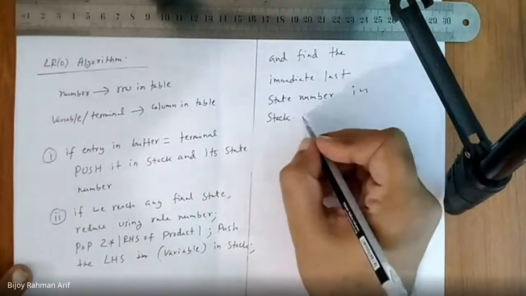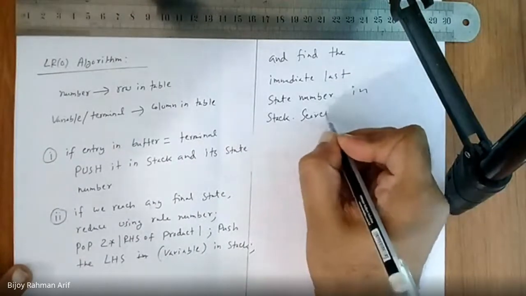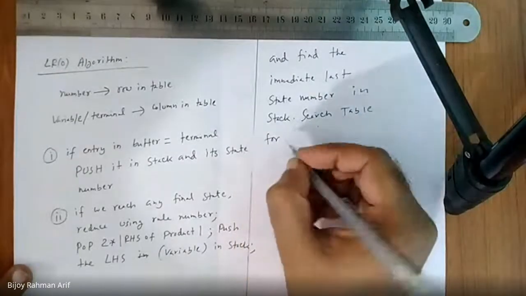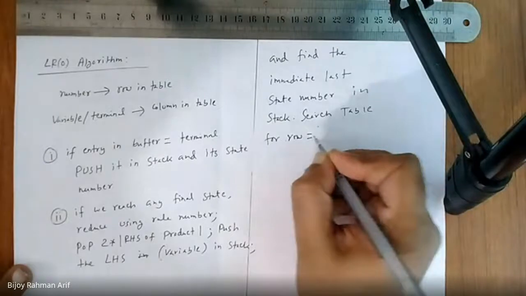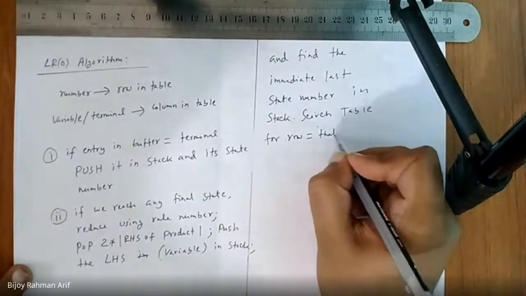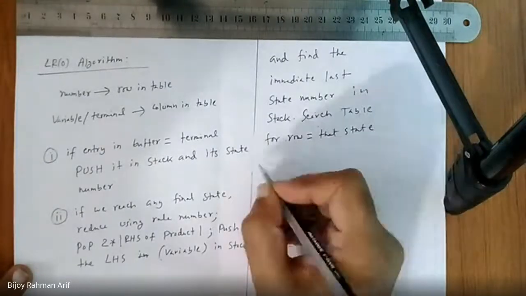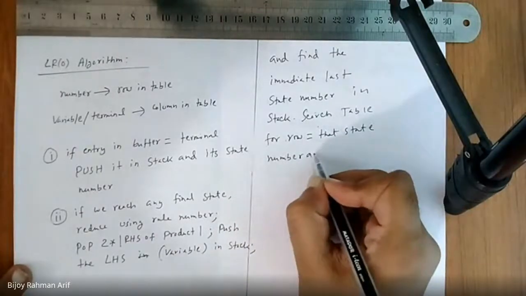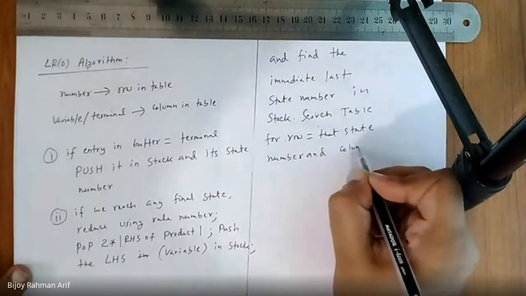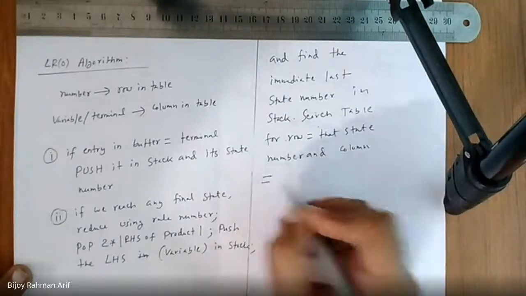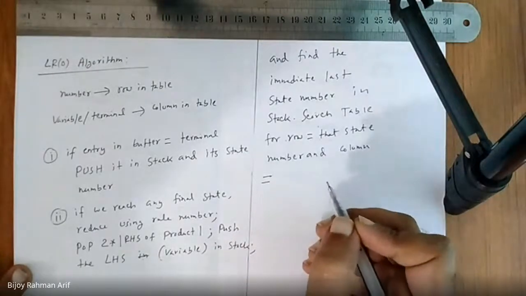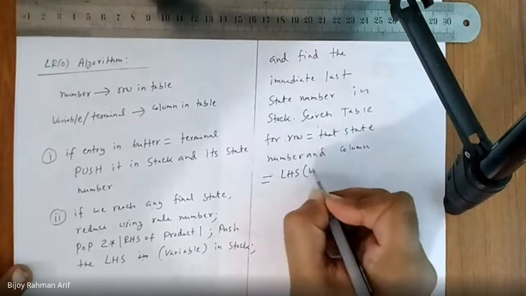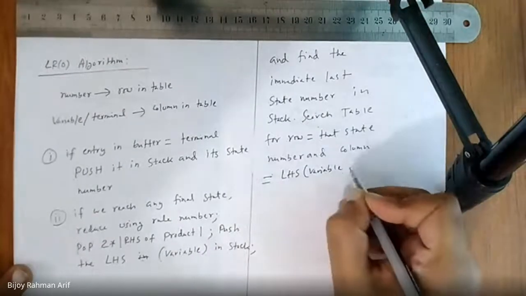Go to the table and search for the row equal to that state number and column equal to the LHS, which is a variable, and fill in the entry.